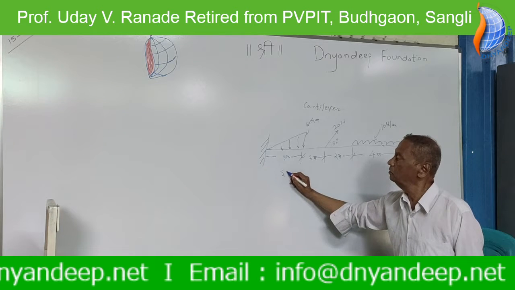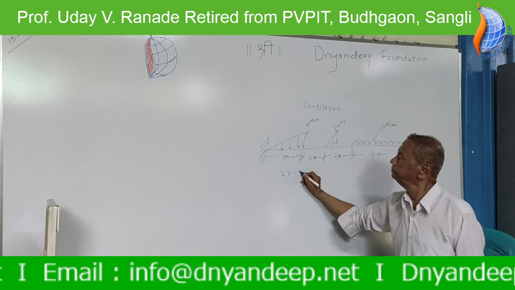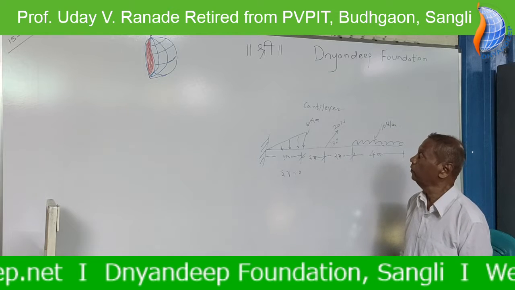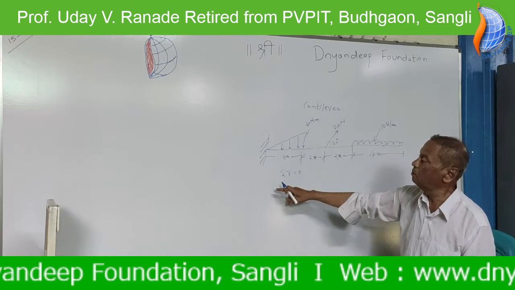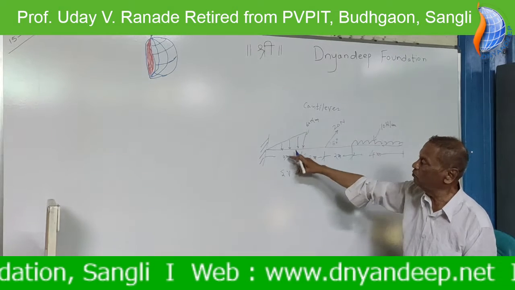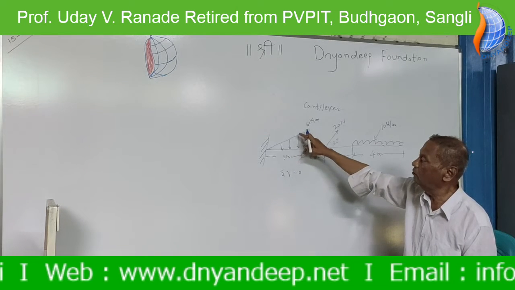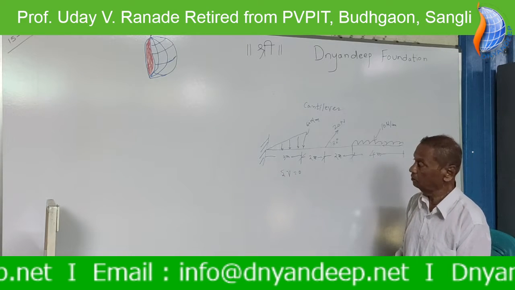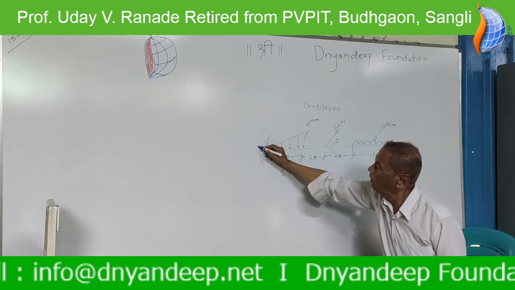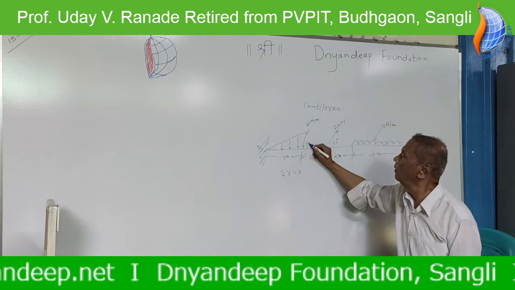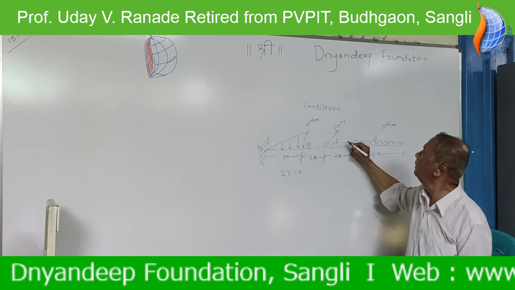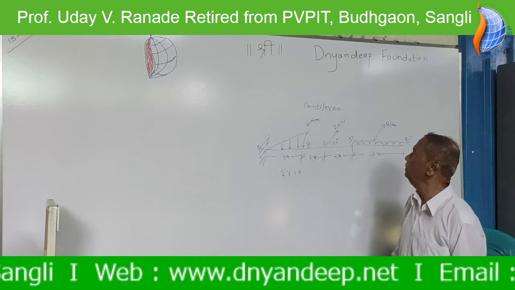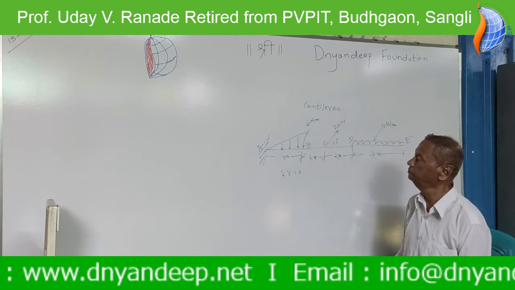Sigma V equal to 0. Now upwards is positive, so downwards is negative. All vertical forces to be 0. Therefore, A, B, C, D, E is the beam.